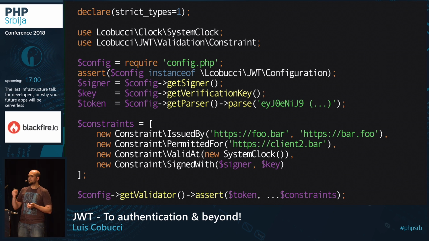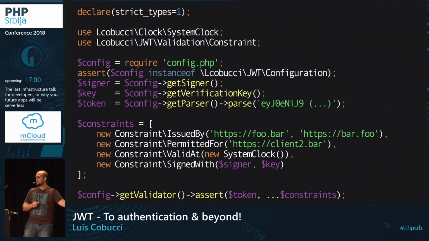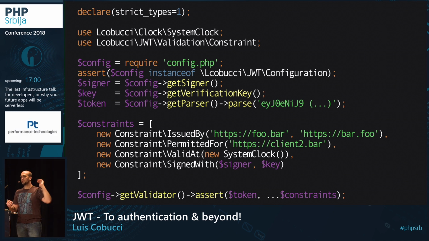So if you want to have custom data there and you want to check, for example, that every token that I receive must have my private claim called user ID, and the value of this claim must be an integer, you can put that as a validation constraint and just pass it to the validator. We have the assert method, which will go through all the constraints and throw an exception if any one of these fails, but it will get all the results of the failures.